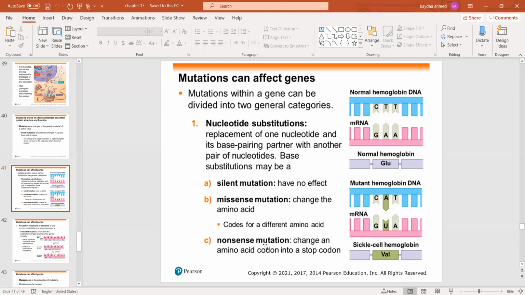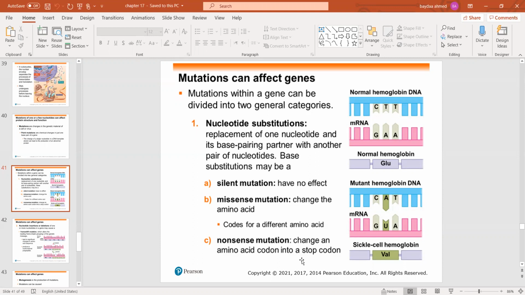Substitution mutations are usually missense mutations, that is, the altered codon still codes for an amino acid and thus makes sense, although not necessarily the right sense.